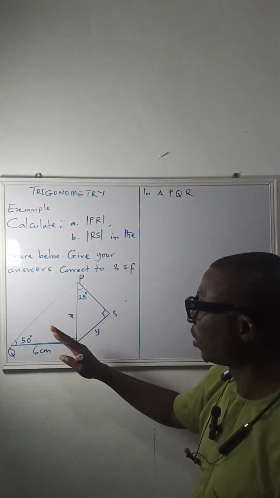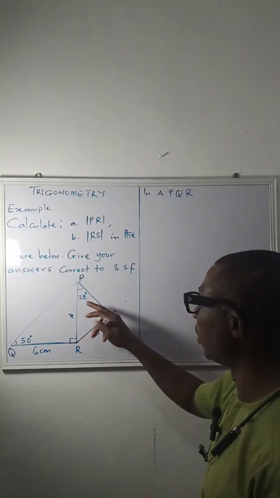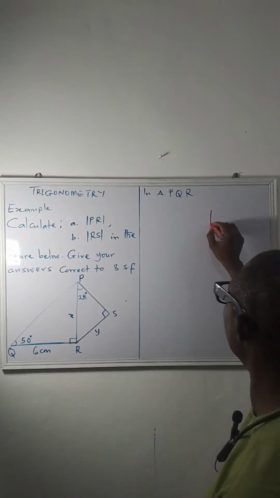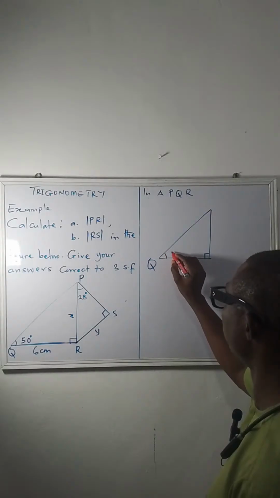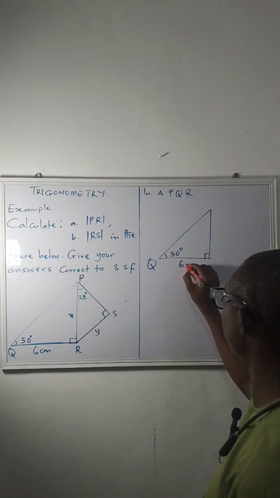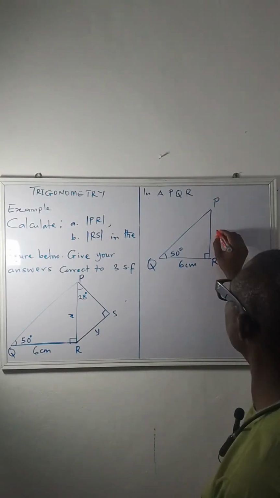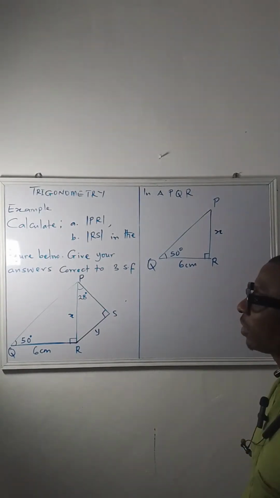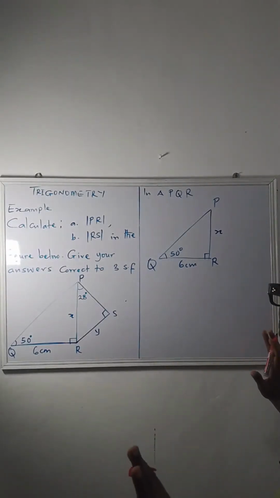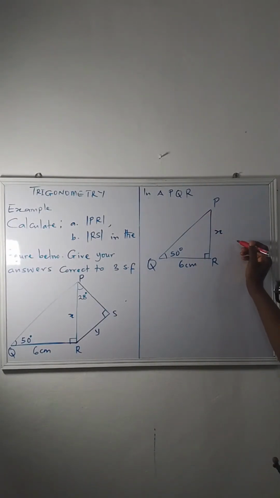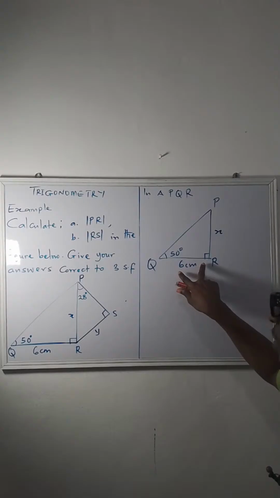Now, let's look at it. What is the opposite, what's the adjacent, and what is the hypotenuse in this right-angle triangle? Can we draw it out? Let's see the way it looks. We have this to be 50 degrees. Now, this is 6 centimeters, this is R, and this is P, and this is x. The first thing is to identify the opposite, the adjacent, and the hypotenuse. What side is x and what side is 6 centimeters?